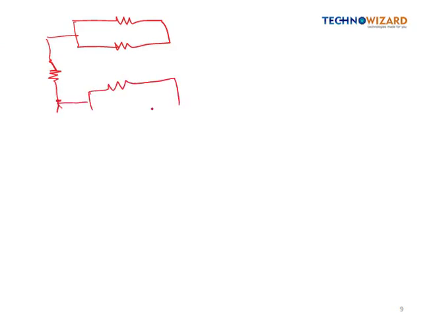So this is 2R resistance, this is 4R, okay? So this is 3R, and this is another resistance, so I'm going to join them, okay?